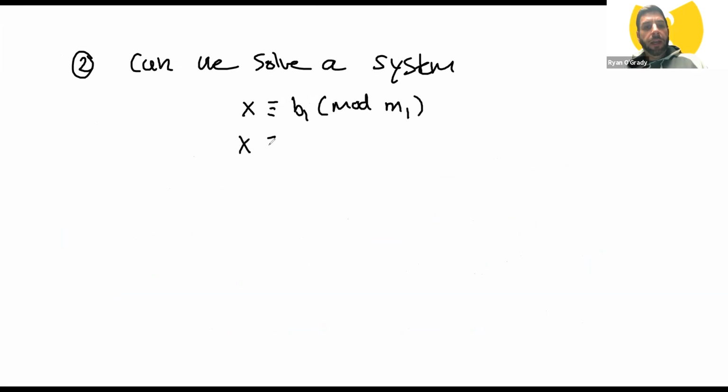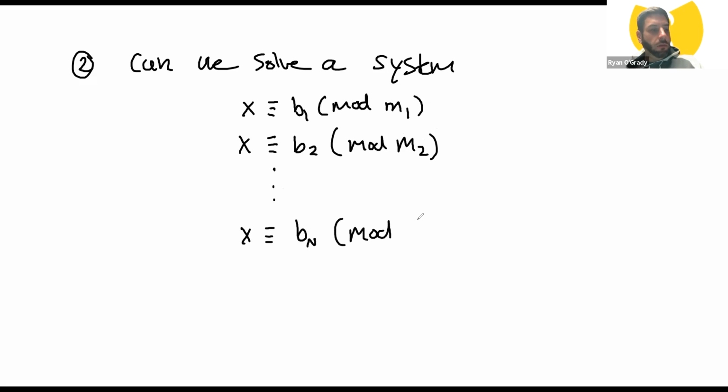And then we might have X congruent to some other integer, B sub 2, modulo some integer, M sub 2. And in theory, we might ask this for, say, N equations, or I guess I should be more specific, N congruences. So the question is, can we solve this?